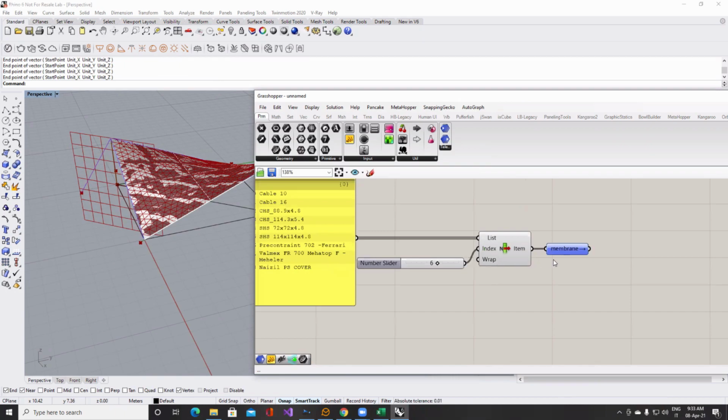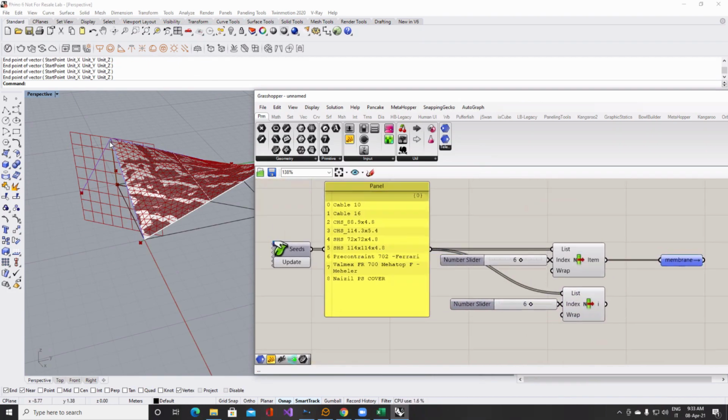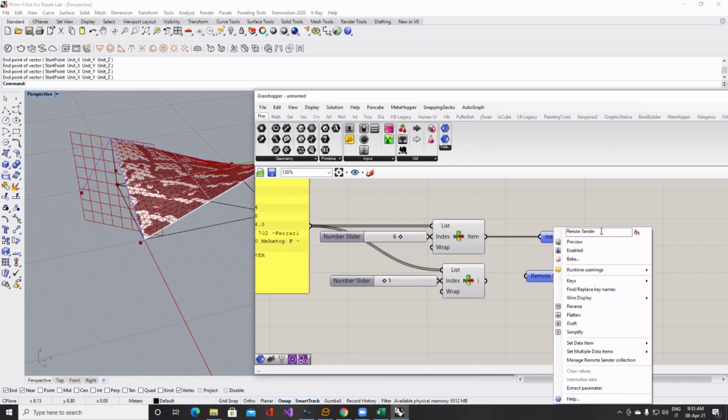And then I want to copy paste these. No, this one. And I want to reference cable edges. We want to make cable edges. And I have a cable 16, that's element number 1. And then I use telepathy, and this is my cable.